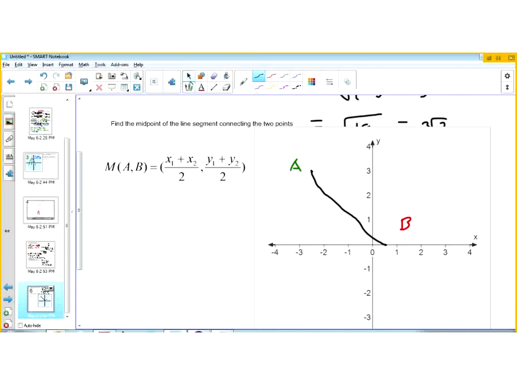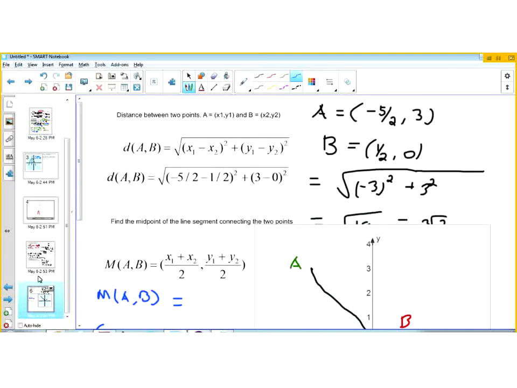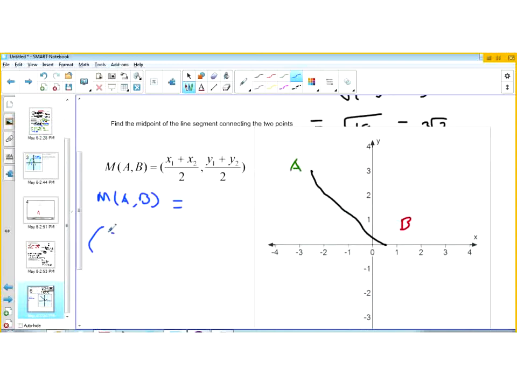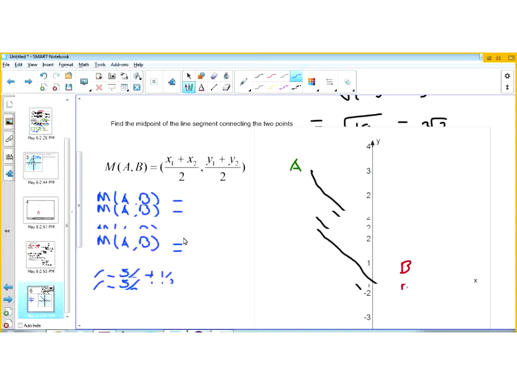Okay, so what is the midpoint? So in this case, the coordinates of our midpoint would equal negative 5/2 plus 1/2, all of that divided by 2. That's the abscissa.